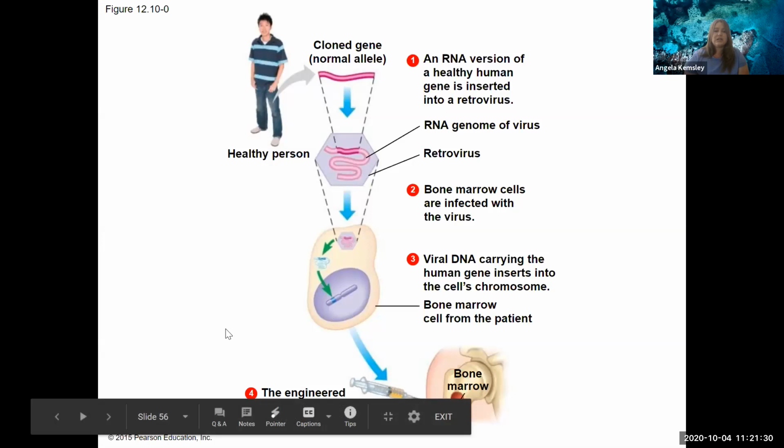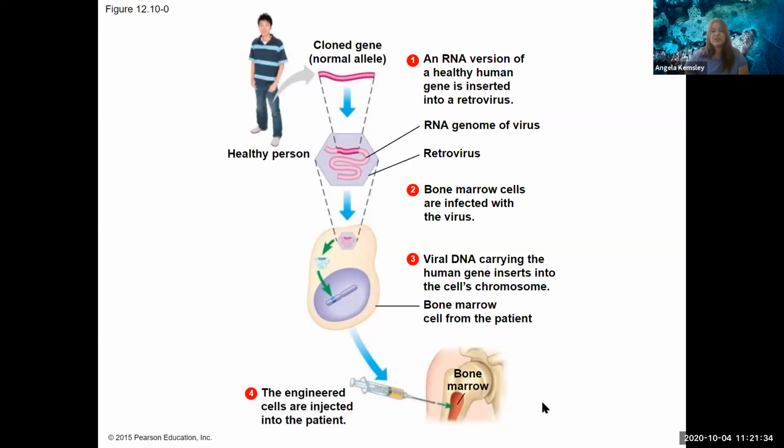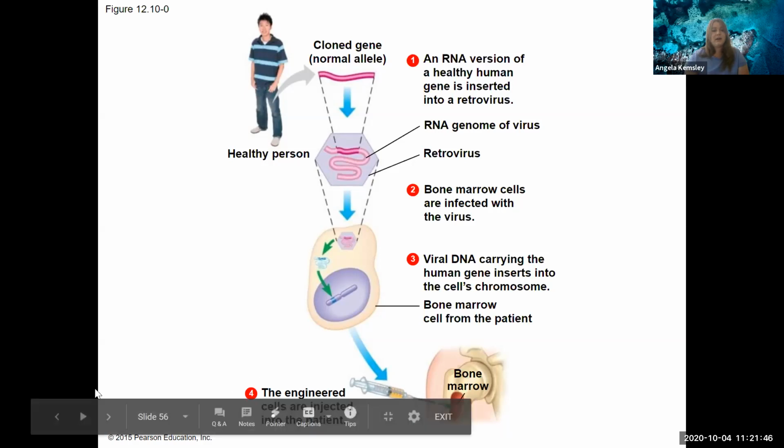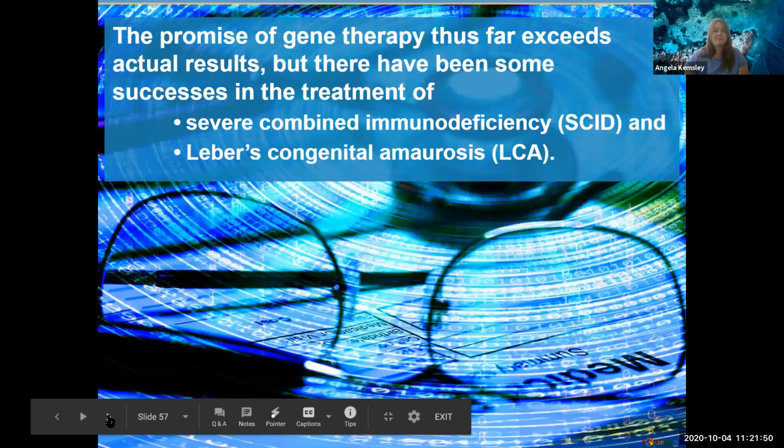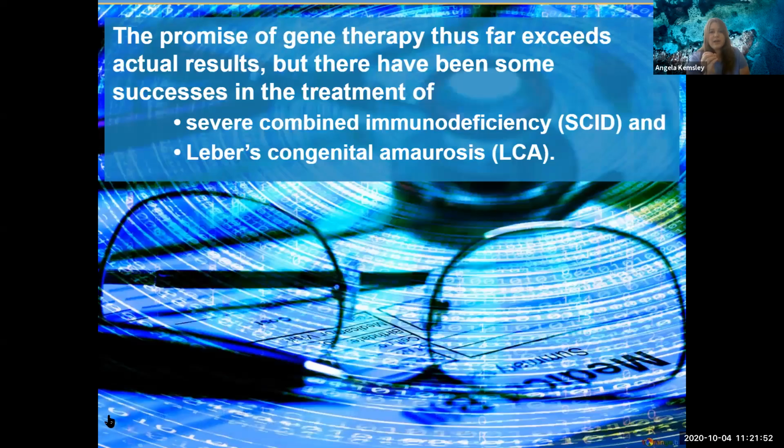And then the engineered cells are injected back into the patient. And so now you have those healthy cells that are going to be spread throughout the patient. And the idea here is that now they have healthy cells, which should hopefully help them, which might work as a cure. So the promise of gene therapy far exceeds actual results.